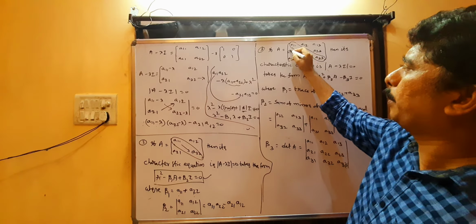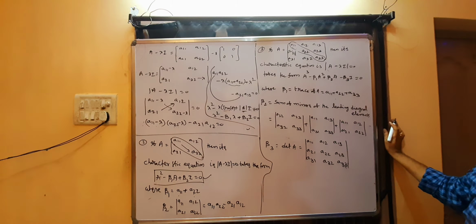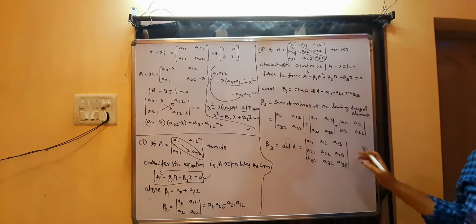I will explain simple problems now after completion of this concept. Beta 3 is the determinant of the given matrix, that is this one. Copy this concept first.